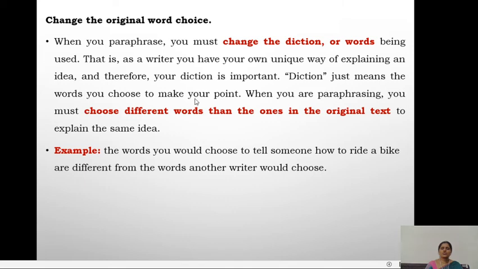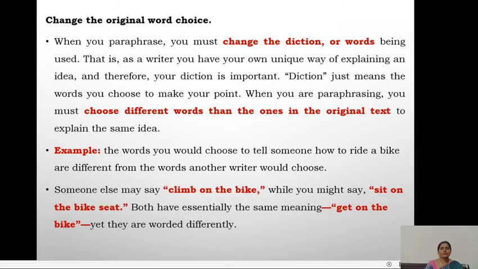For example, the words you would choose to tell someone how to ride a bike are different from the words another writer would choose. So this is the main concept. What are the possible ways we can convey it? Ride a bike, climb on the bike, sit on the bike seat. These have essentially the same meaning. When you give instructions to someone on how to ride a bike, the first step is to ask the person to get on the bike.